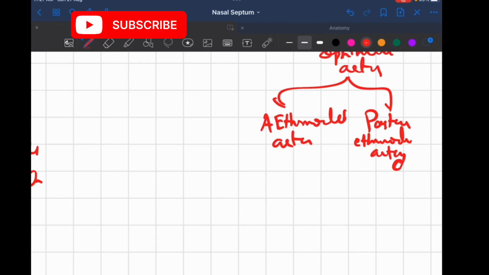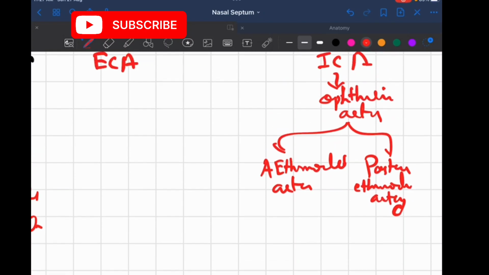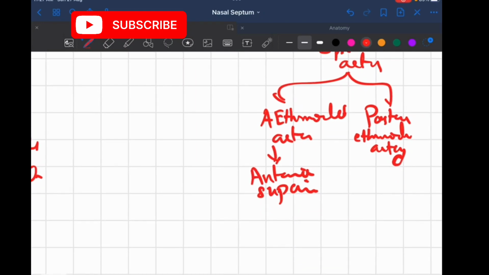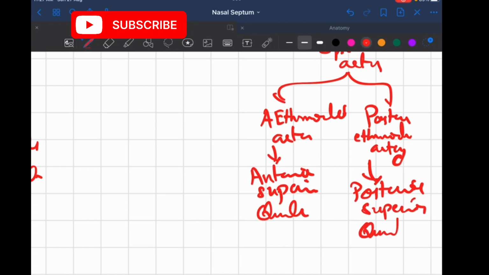They enter the nasal septum and supply the antero-superior quadrant; this one supplies the antero-superior quadrant, and this one supplies the posterior-superior quadrant.